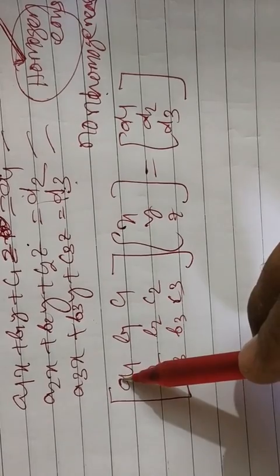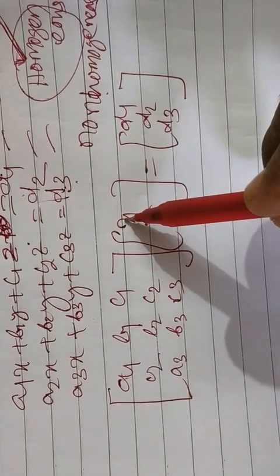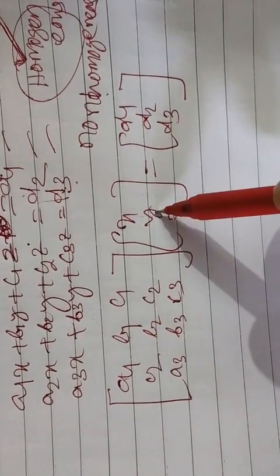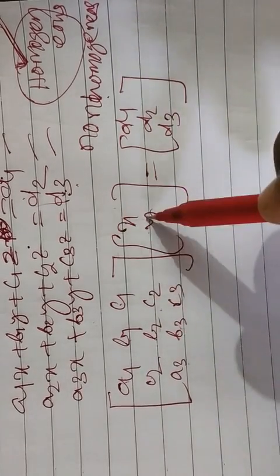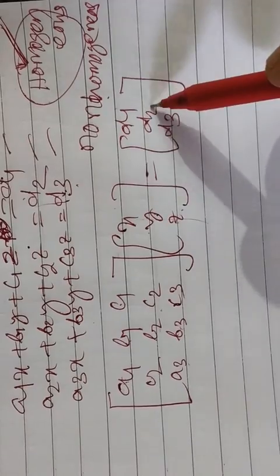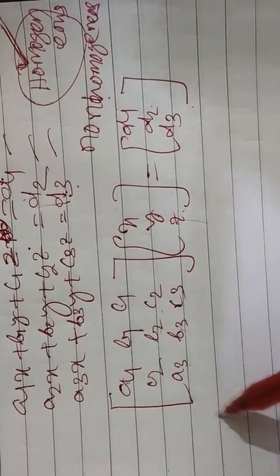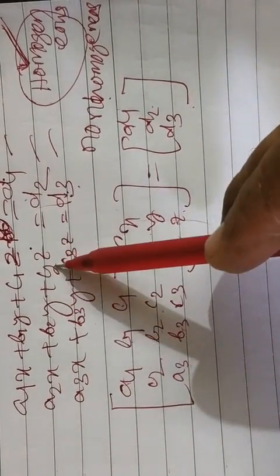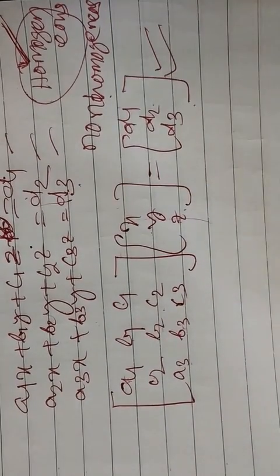How? When I multiply these two matrices, you get a1x plus b1y plus c1z, then a2x plus b2y plus c2z, a3x plus b3y plus c3z, equal to d1, d2, d3. So a1x plus b1y plus c1z becomes d1, a2x plus b2y plus c2z becomes d2, and so on. So we can write this using matrices in this style.